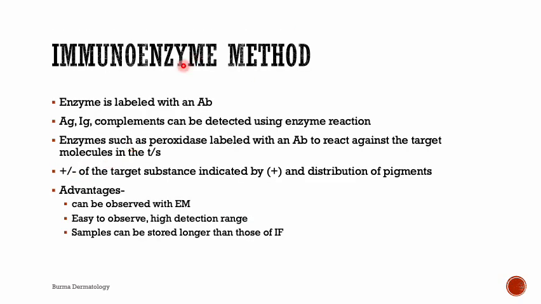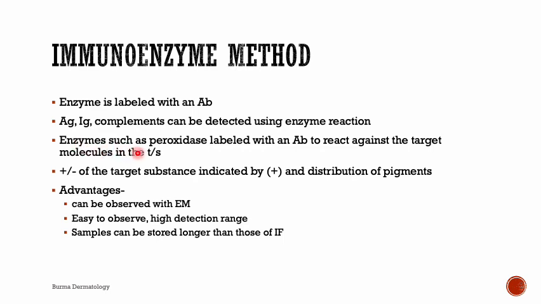In the immunoenzyme method, unlike the immunofluorescence methods, which use a fluorescent dye on the antibody, we use an enzyme which can be labeled with the antibody, and the antigen, immunoglobulin, and complements can be detected using the enzyme reaction.